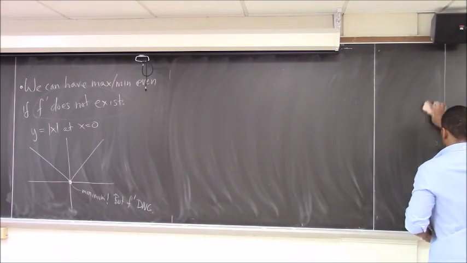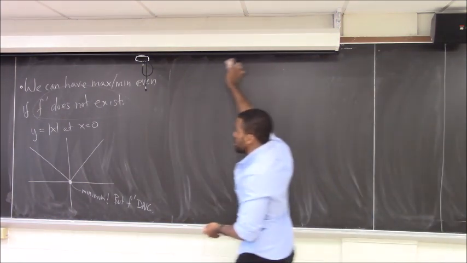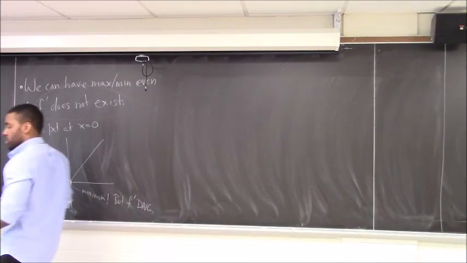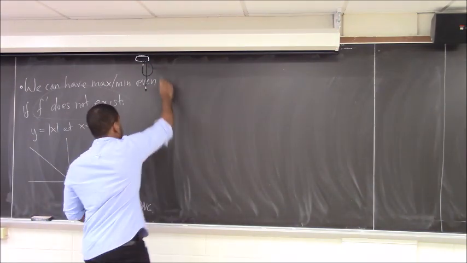So in terms of calculus and in terms of maximums and minimums, there are 2 points that are of interest to you. Points where the derivative is 0 and points where the derivative does not exist.